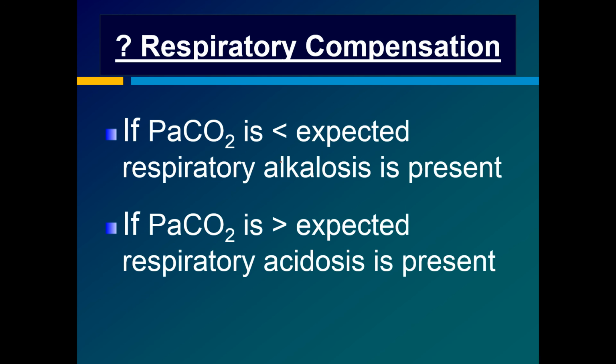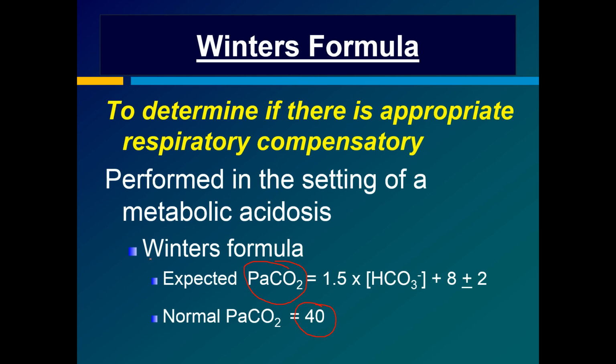So the case we just talked about, if your bicarbonate is 10 and you expect your respiratory compensation, your PaCO2, to be 21 to 25, let's say instead it's 35. That's much higher than what you would expect in that particular case. Although your PCO2, the normal value is 40, that's under normal circumstances.